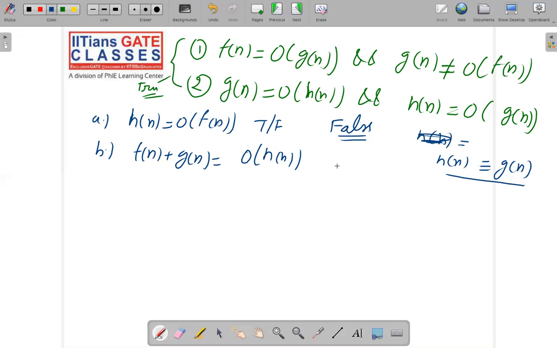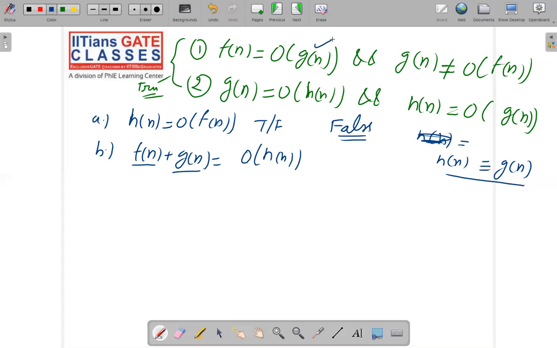Okay. So here, in case of Fn plus Gn, Gn is kind of greater. You can see that Fn is equal to order of Gn, and Gn is not equal to order of Fn.